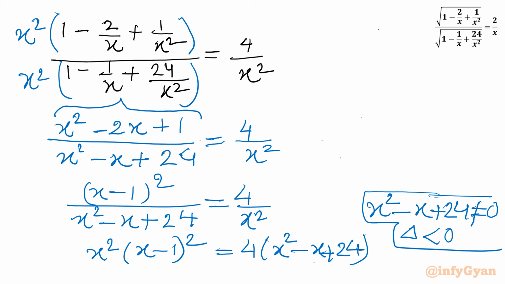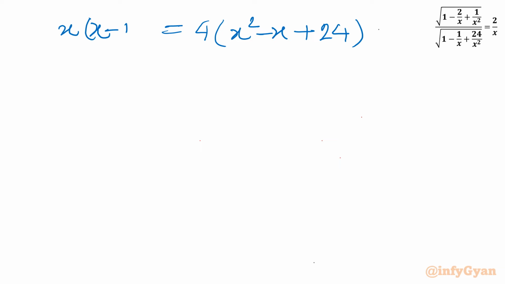Now the left hand side, if you see, is one whole square, and on the right hand side, let me write here 4 times (x square minus x plus 24). On the left hand side I can write (x times (x minus 1)) whole square.